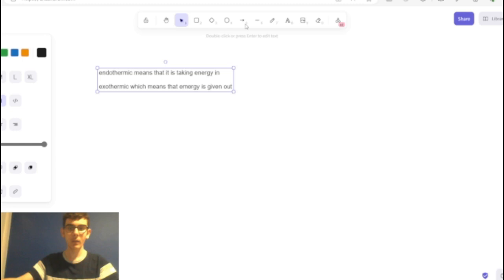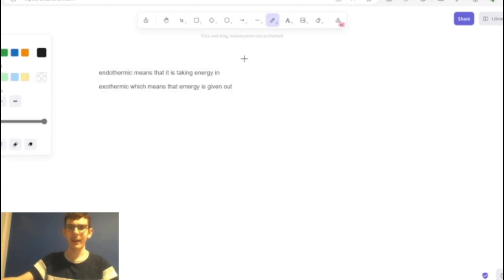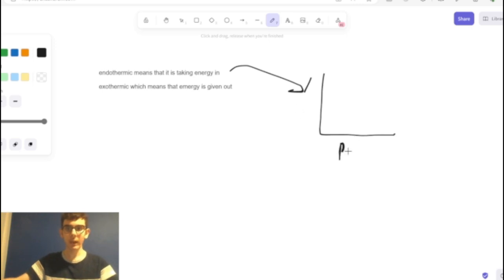So you may be asked to draw reaction profiles for these. Now, a reaction profile is just like a graph. I'm going to do the one for endothermic first because I think it's the easiest. So here you're going to have progress or time, and here you're going to have your energy.